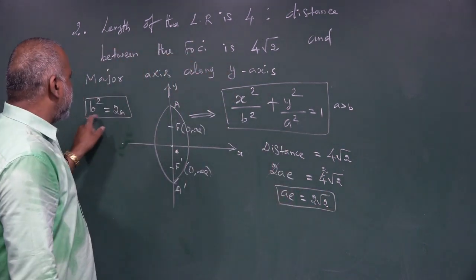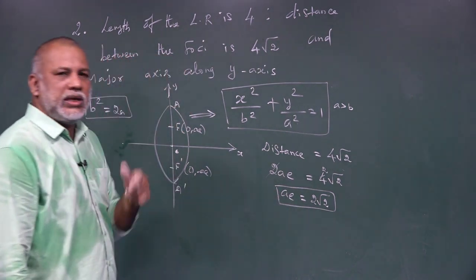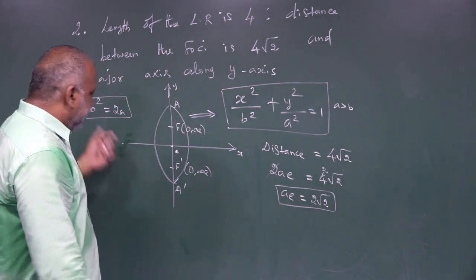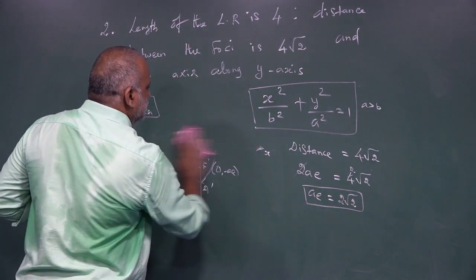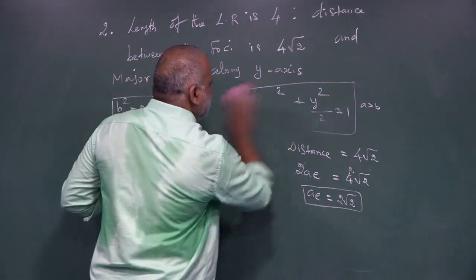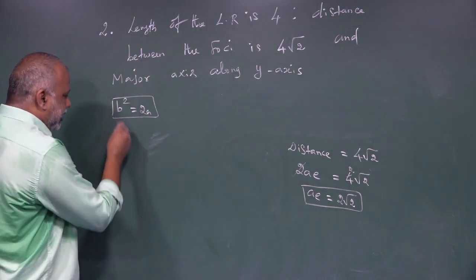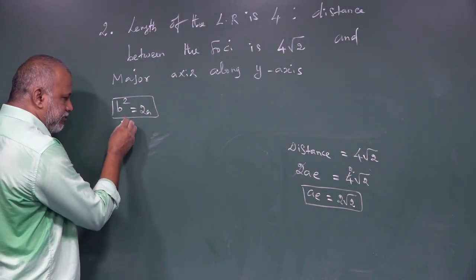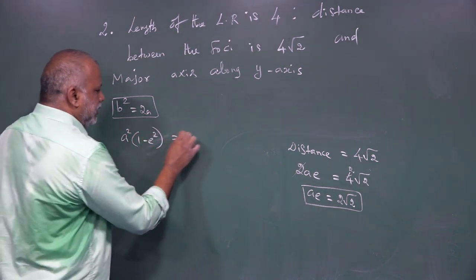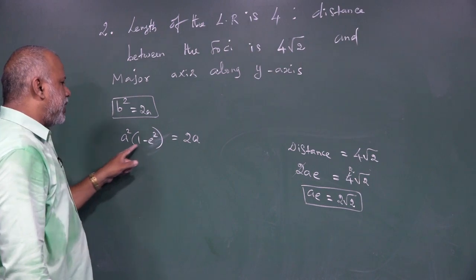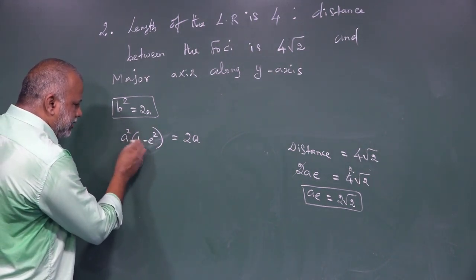So listen, b squared equal to 2a is one piece of information. Here AE equal to 2 root 2 is the second piece of information. We already discussed the formula for b squared. What is the value of b squared? a squared times 1 minus e squared equal to 2a. Now listen, this a squared will be multiplied inside.